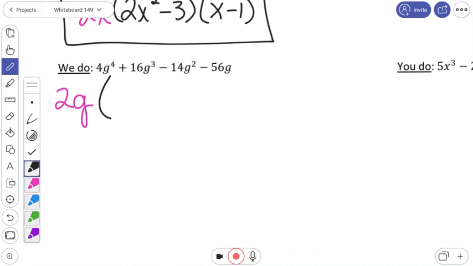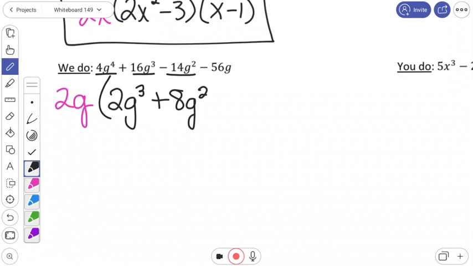4g to the fourth, divided by 2g, gives us 2g cubed. Then I have 16g cubed divided by 2g. That gives us a positive 8g squared. Remember, when we're dividing out our variables, you just subtract their exponents.